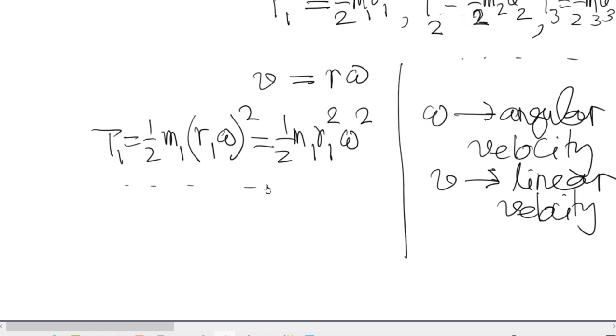Similarly for the other particles, where omega is the same for all the particles because the whole rigid body is rotating about the axis. Now we would like to write down the total kinetic energy of the whole rotating body, which is the sum of the kinetic energies of all the particles constituting the body.